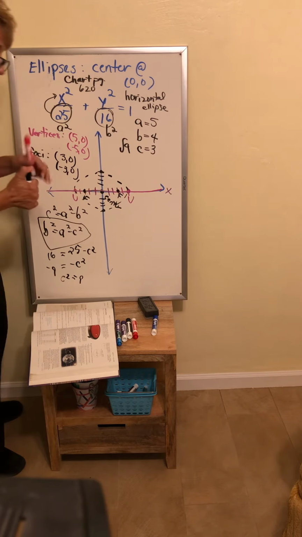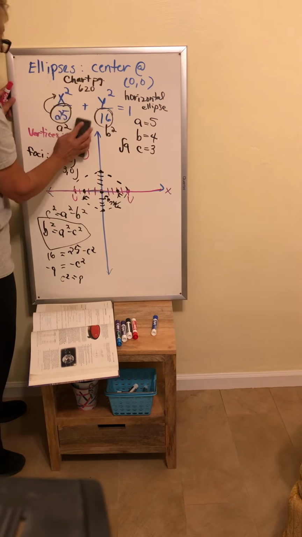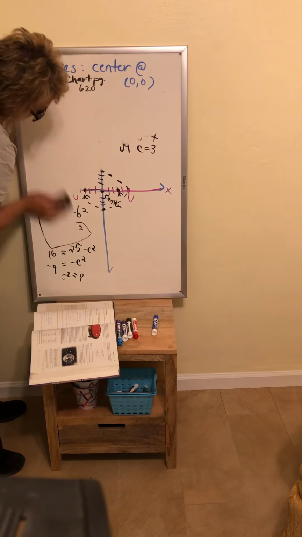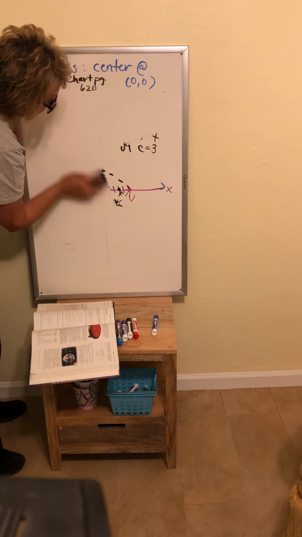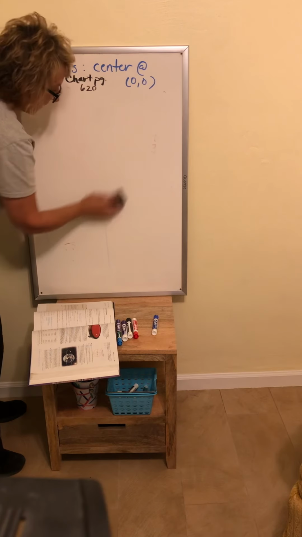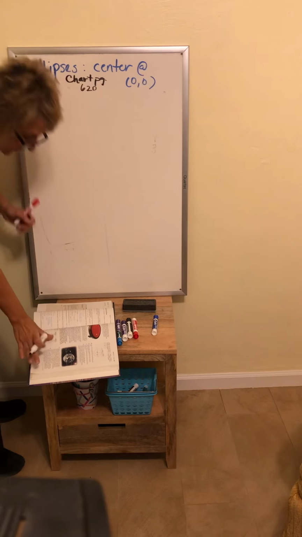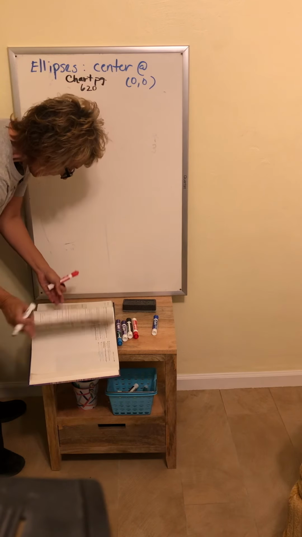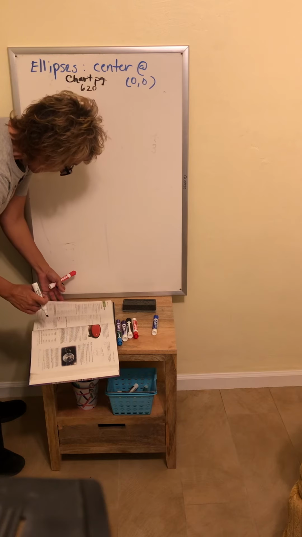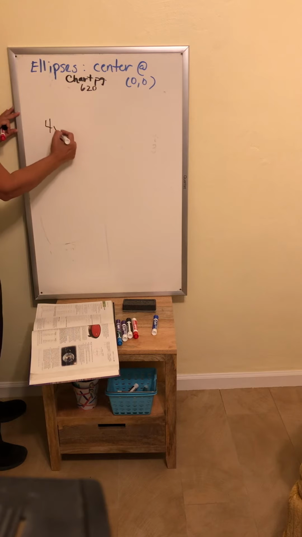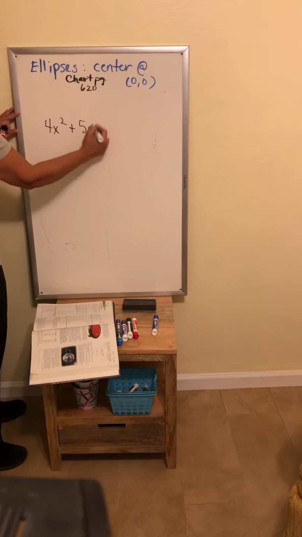Okay, we will do one more. This one here is the equation you will be given. So the equation is 4x squared plus 5y squared equals 20.